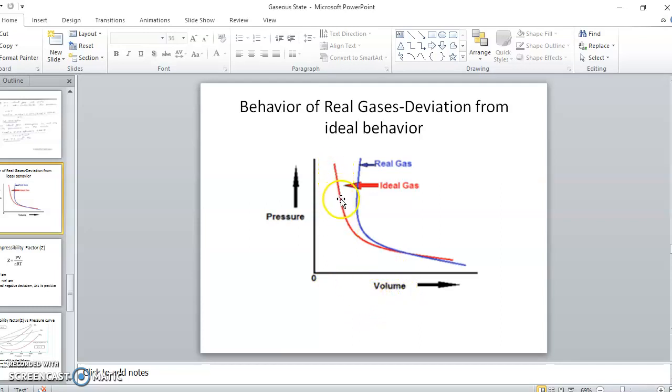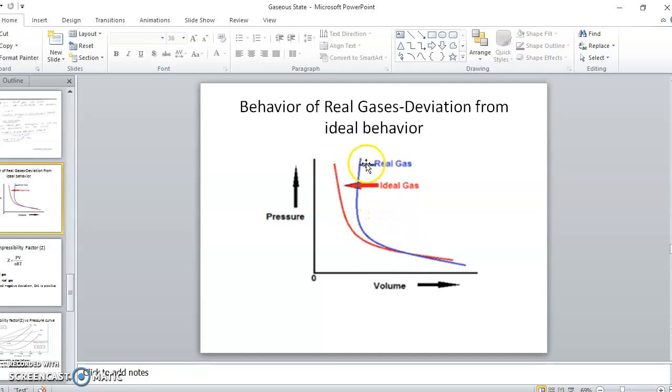From Boyle's law, the red line indicates the behavior of an ideal gas, which we saw earlier. As the volume increases, the pressure will decrease. This is for an ideal gas.